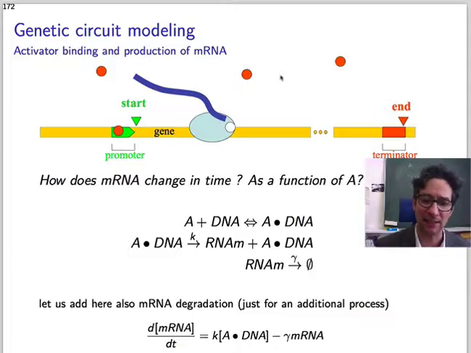Applying chemical kinetics, we can easily write a differential equation to describe the change of the concentration of messenger RNA in time, depending on the reaction where the messenger RNA is produced. Here, the second reaction.